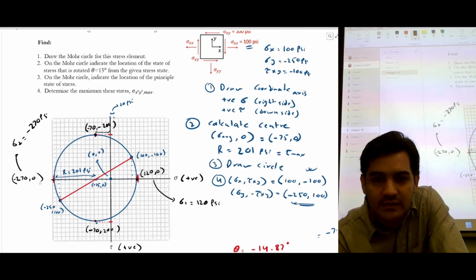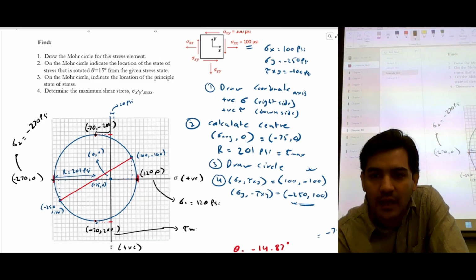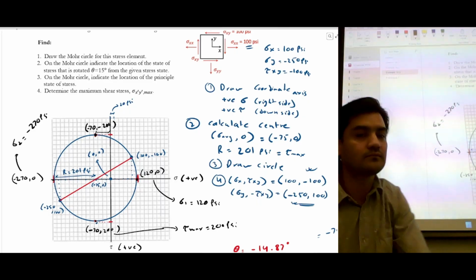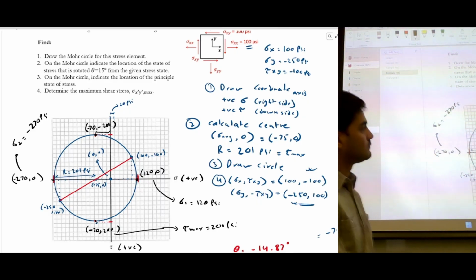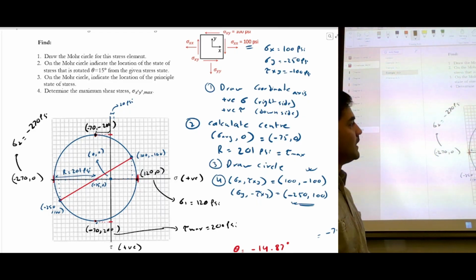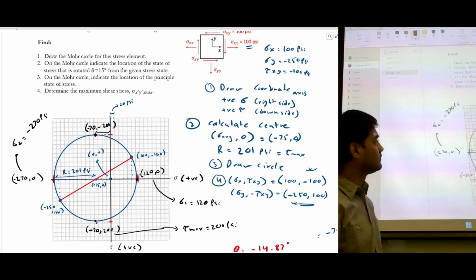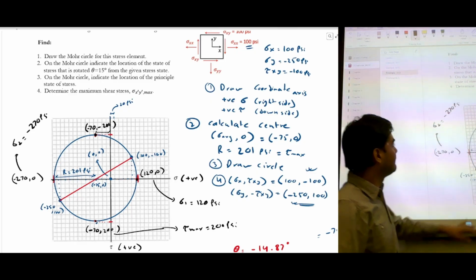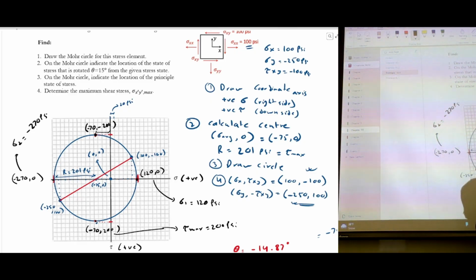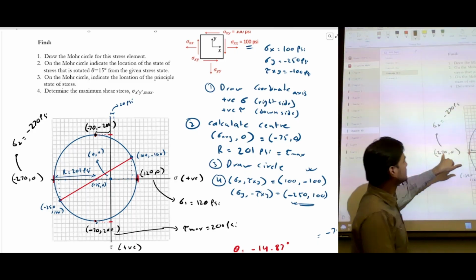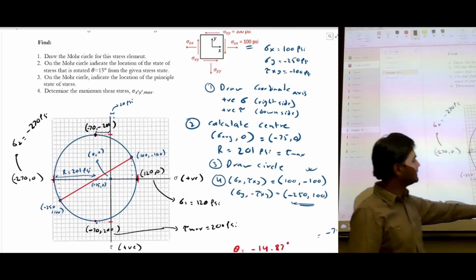Maximum shear stress, let's just say, is this value: tau max is 200 PSI. We can also compare it with our values. But is everyone clear how I calculated this 120 PSI, how I got this negative 270, and how I got the maximum?